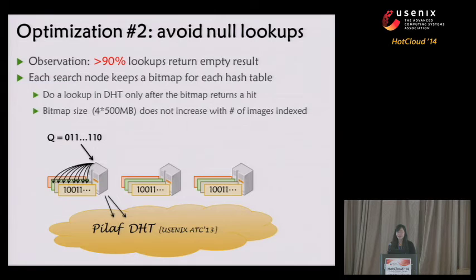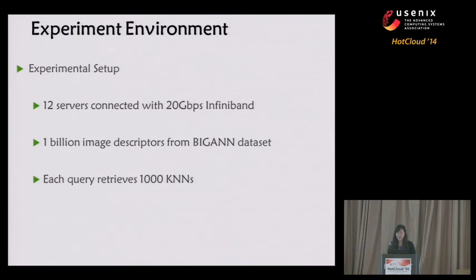Since the bitmap size is not that big compared to the hash table size, and it does not increase with the number of images indexed, we can also use a Bloom filter to reduce the memory usage, with a slightly increased query latency.